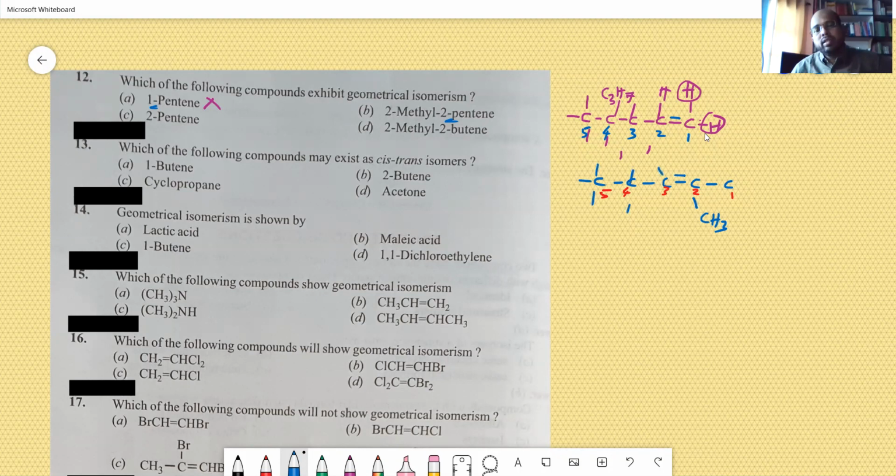Here you have one H and one large group there. And here you have CH3 there. And then you have CH2, 1, 2, 3, CH3. So this is the structure of 2-methyl-2-pentene.